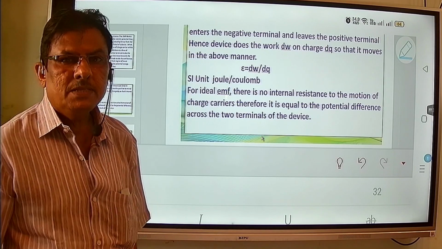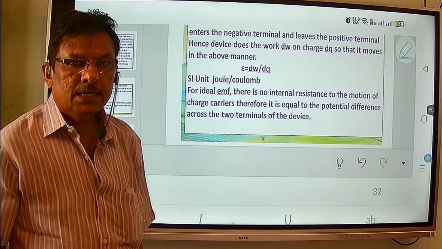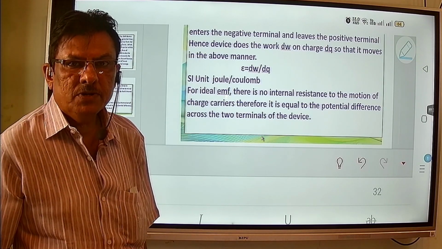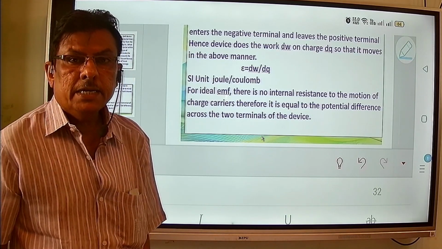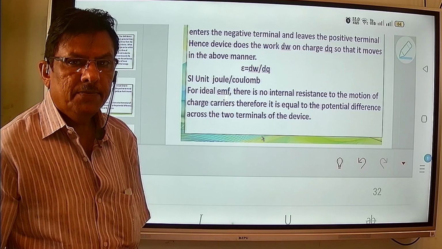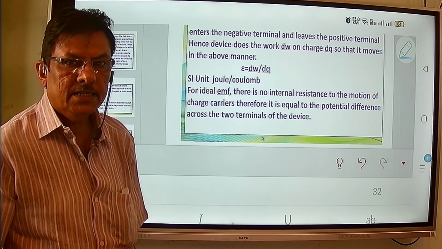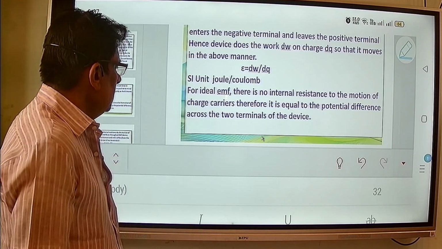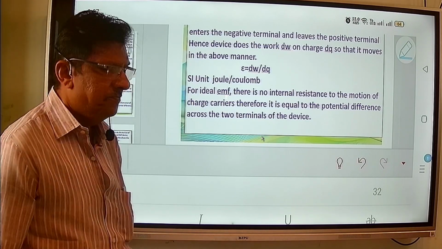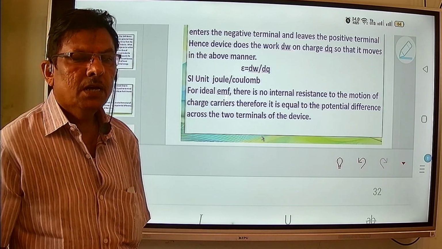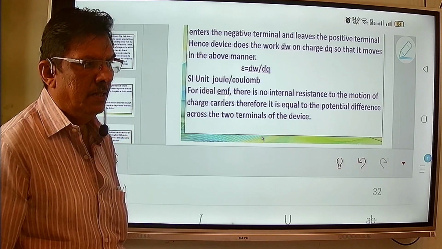It is very simple. But the only thing is that we have to take into consideration the writing of the formula. Then everything is easy. We can grasp it. Next, we are going to deal with the ideal EMF. Ideal EMF means what? It is very simple.